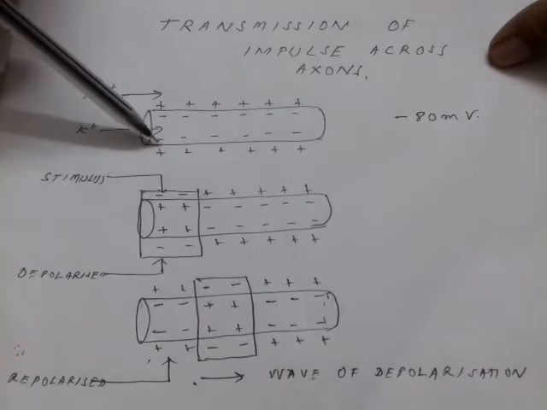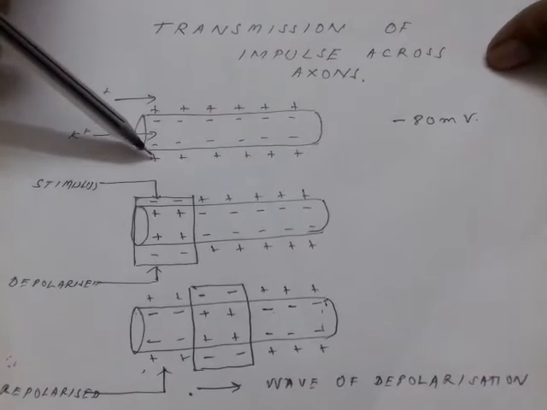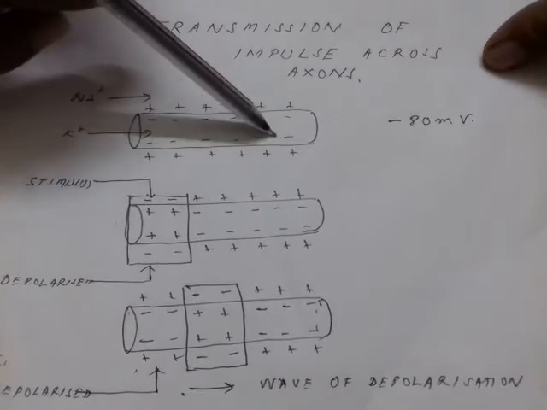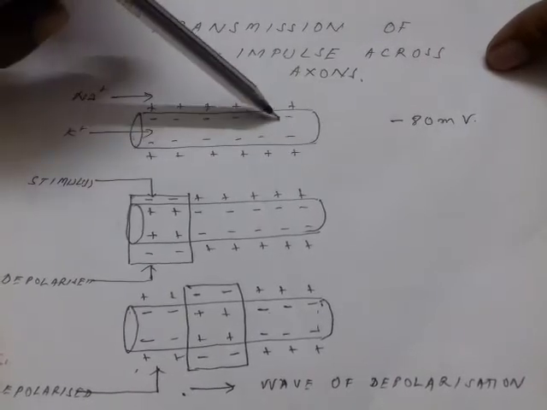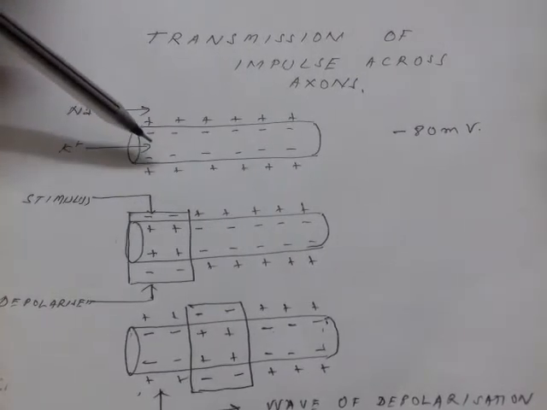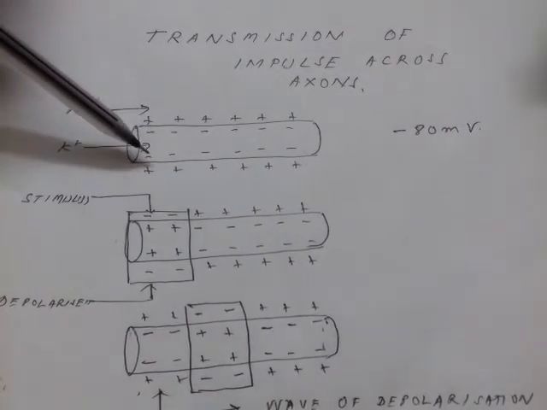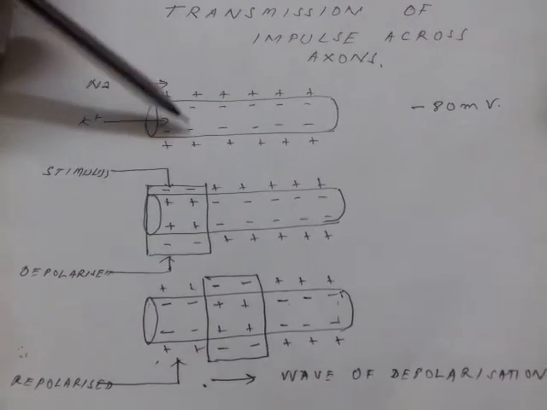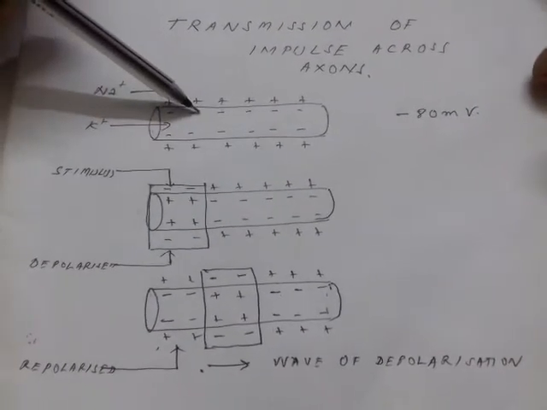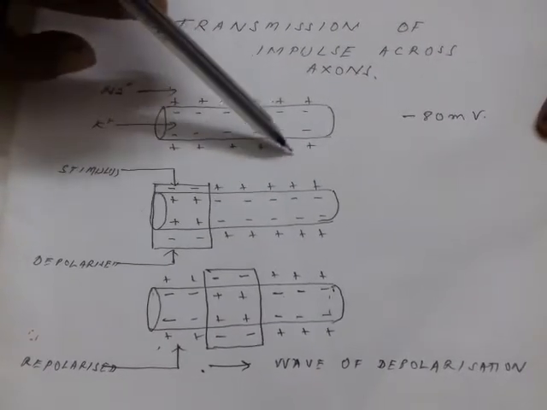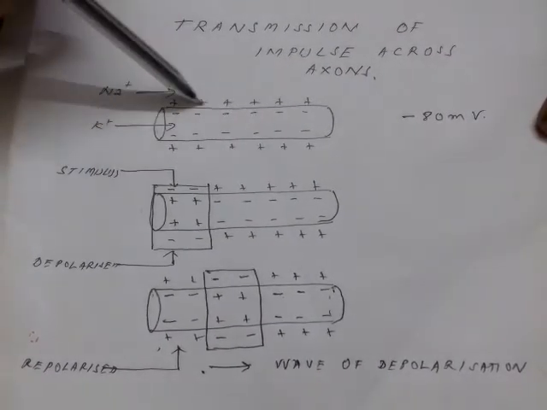This positive charge is shown outside because there are more sodium ions outside than inside, and inside it is potassium ions, so it is negative. Sodium and potassium are both cations, but we say positive and negative because of the presence of a more electropositive ion on the outer side and a less electropositive ion inside. So the positivity is there outside the axon.